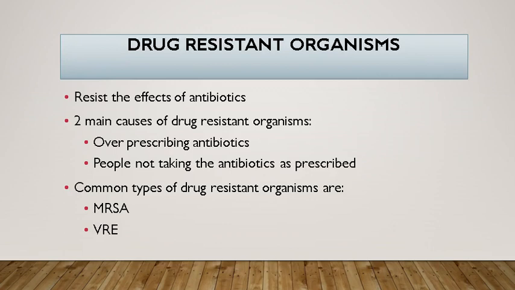Healthcare facilities are now asked to try an alternative first to fight off infection, such as increasing fluid intake for a brief time if there's a suspected urinary tract infection, so we don't become resistant to antibiotics. Two main types of drug-resistant organisms are MRSA, methicillin-resistant Staphylococcus aureus, and VRE, vancomycin-resistant Enterococcus. These are two bacteria that don't respond to two types of antibiotics.